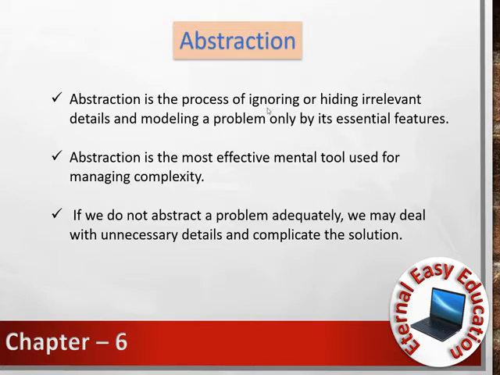Abstraction is the process of ignoring or hiding irrelevant details and modeling a problem only by its essential features. As I told already, if a person is driving a car, the essential things like the procedure of a brake, accelerator, gear and the steering are important.